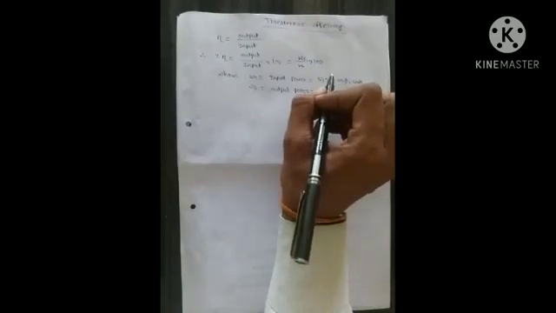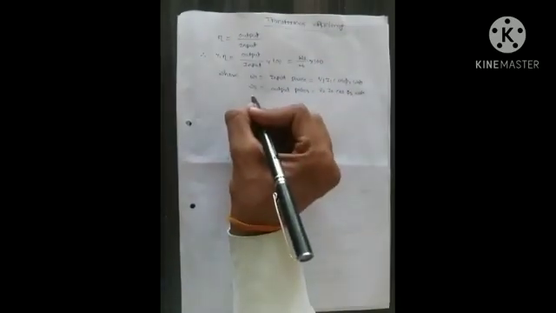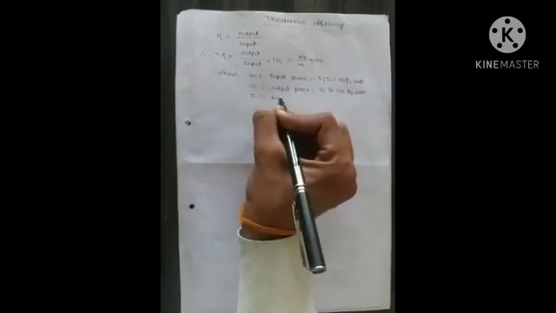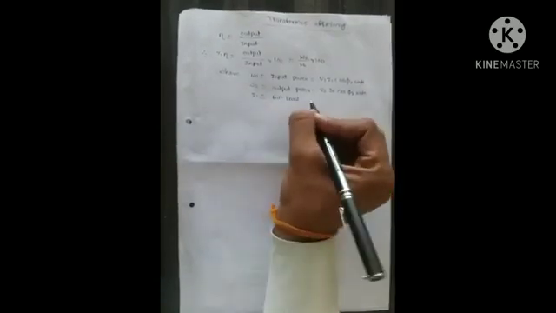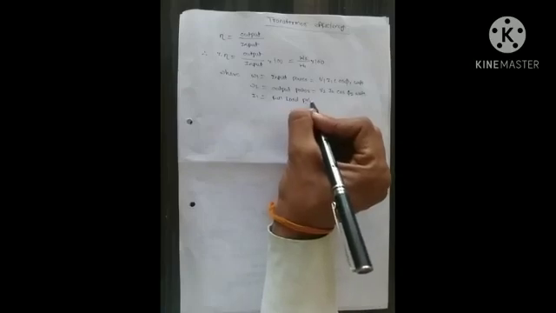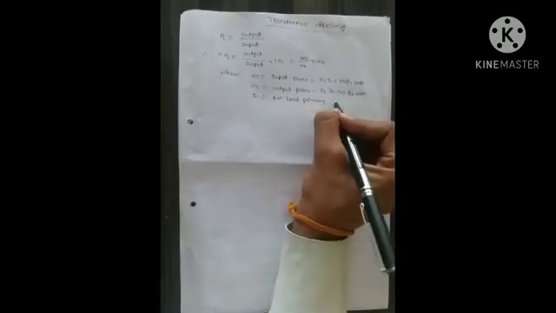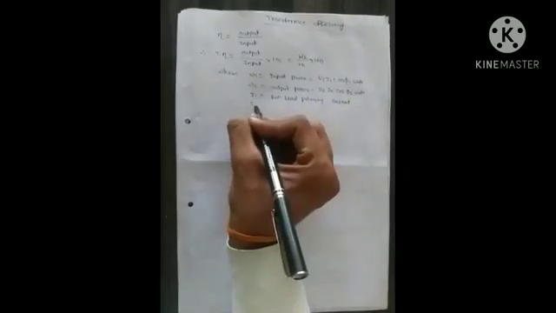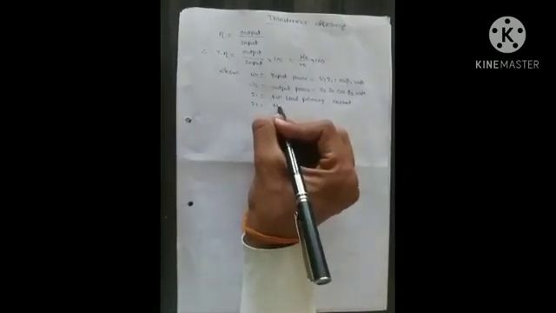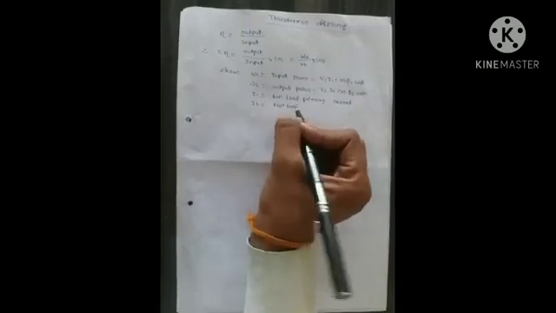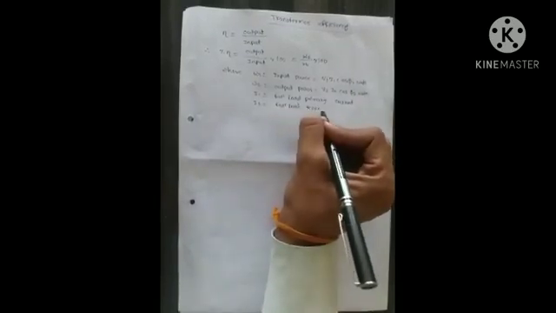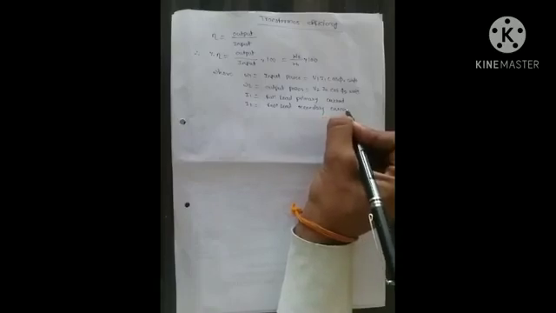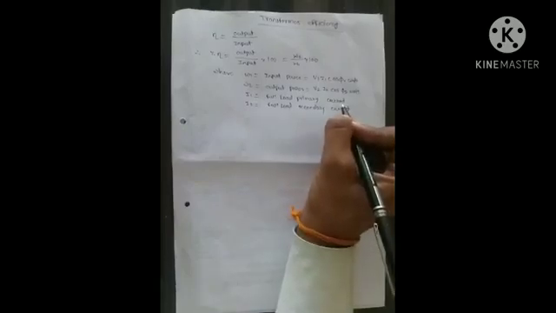Then I1 equals the full load primary current, whereas I2 equals the full load secondary current.